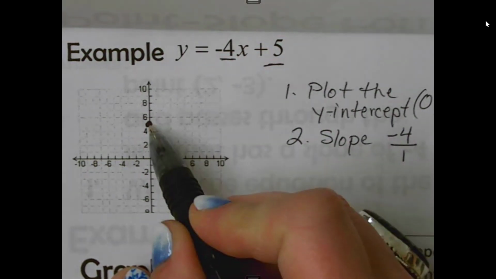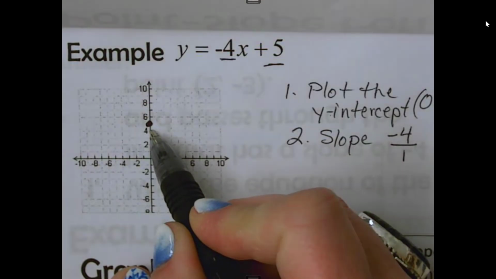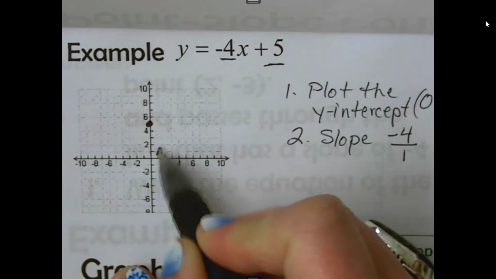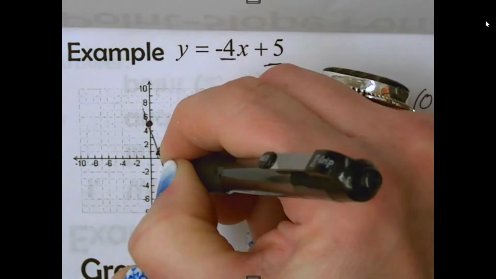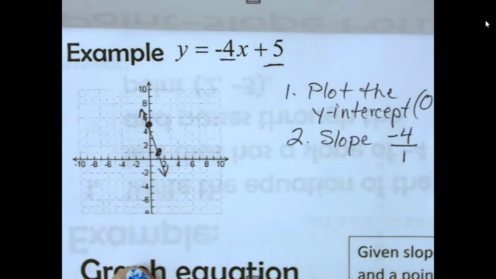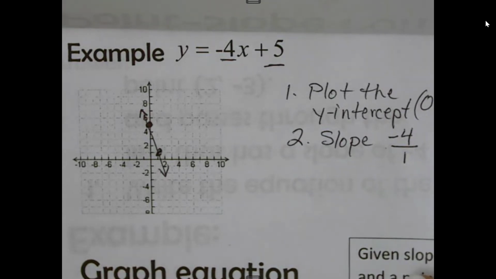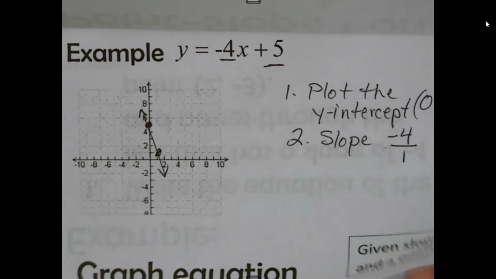With it being negative, we're going to go down 4 and over 1. Just draw a line through it. Okay, so that's just a review. We want to eventually get these equations in slope-intercept form so we're able to graph them.